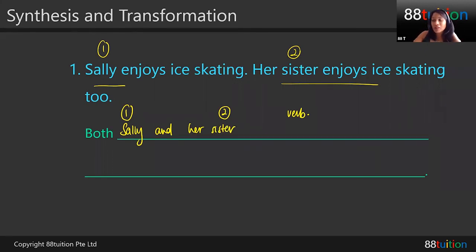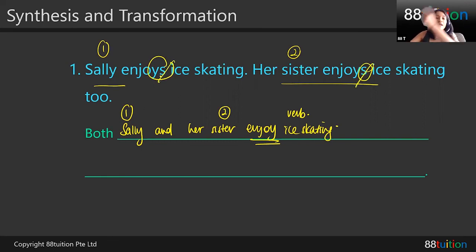Some people tell me enjoys, some people tell me enjoy. If it's two people, it will be enjoy ice skating. All right, students, if it's two people, we take away the S. Okay, so both Sally and her sister enjoy ice skating.